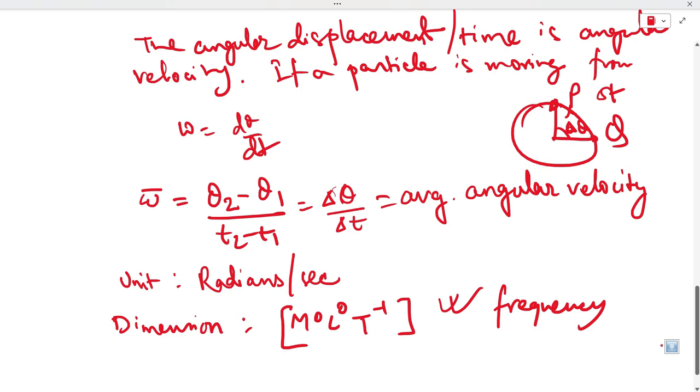So this angular velocity is also a vector quantity, whose direction is normal to the rotational plane, and its direction is given by the right hand screw rule.